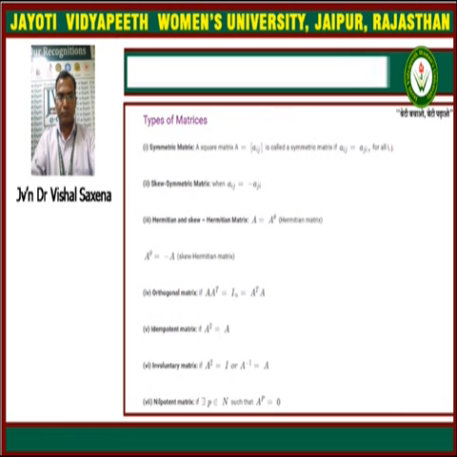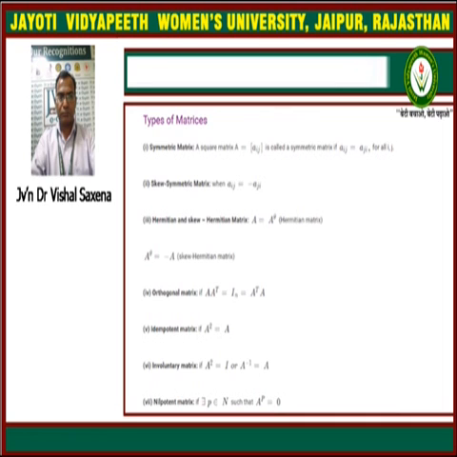Second is skew symmetric matrix. In a skew symmetric matrix, the element aij is equal to minus aji, which means the transpose of the matrix A is equal to minus A. Then such a matrix A is called a skew symmetric matrix.